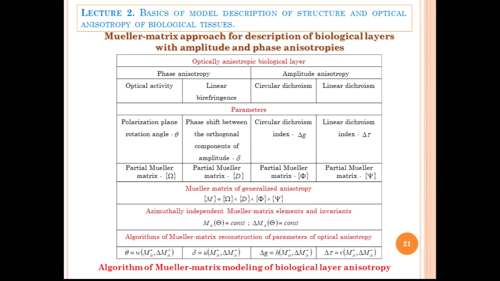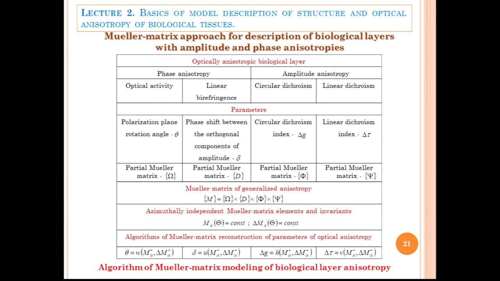What parameters can we measure? We can measure for this process the polarization plane rotation angle, sigma, and the corresponding partial Mueller matrix for this sigma. We can measure the phase difference, the phase shift between the orthogonal components of amplitude, delta, and this partial matrix operator. Index of circular and linear dichroisms and the corresponding partial Mueller matrices.